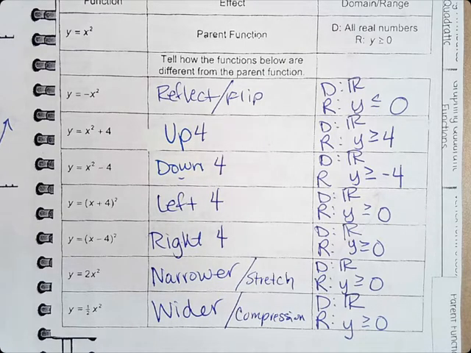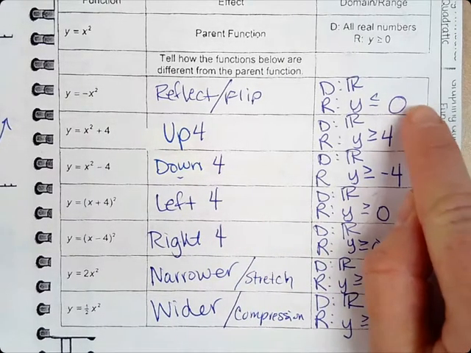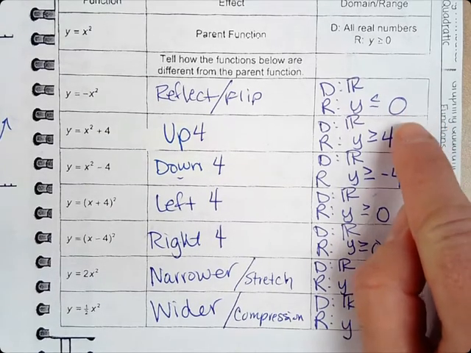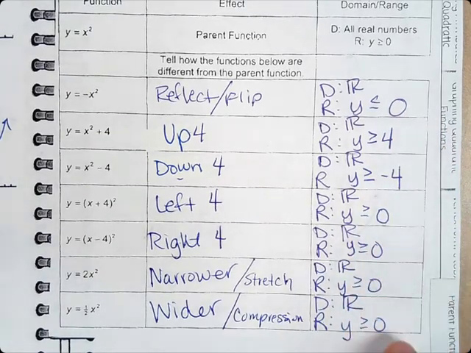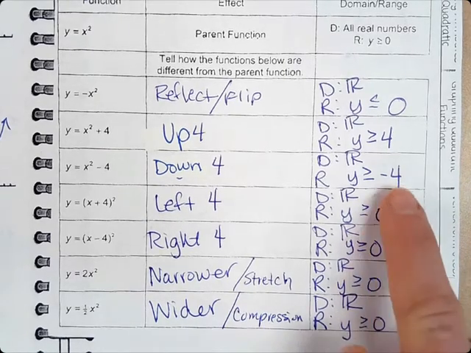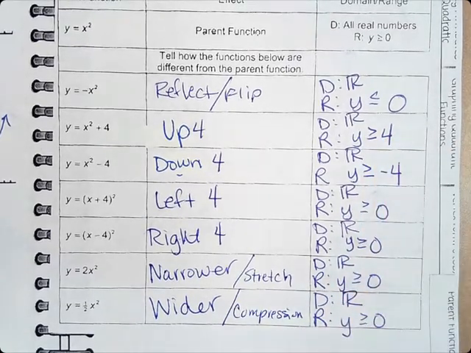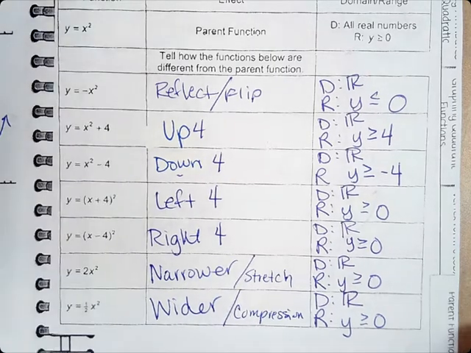So the only one that is less than is this one because it was reflected. The rest of them are all greater than or equal to because they're going upward. So this is just where is the vertex on the y's, or your minimum maximum kind of thing.